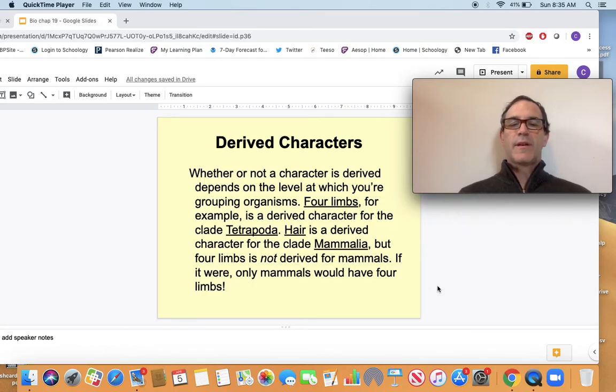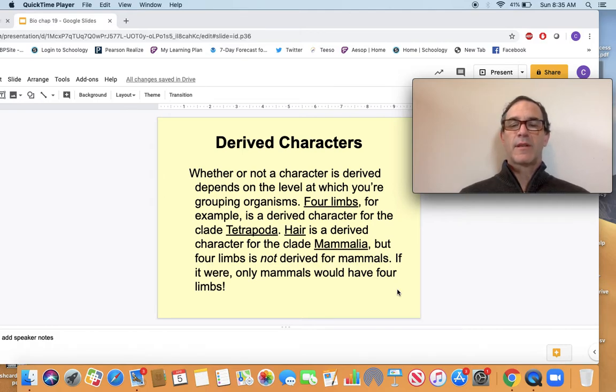Now, with these derived characters, whether or not a character is derived depends on the level at which you're grouping organisms. Like we mentioned a moment ago, four limbs, for example, is a derived character for the clade called Tetrapoda, which means four limbs. Hair is a derived character for the clade Mammalia, which is a bigger, broader group, right? But four limbs is not derived for mammals. If it were, only mammals would have four limbs.